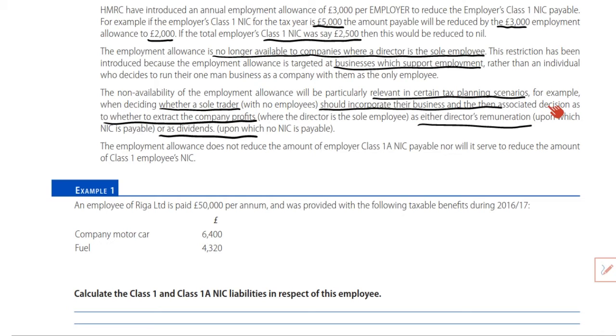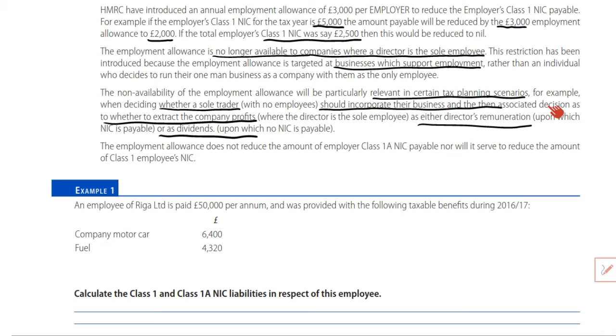What you could get is calculate the national insurance contributions payable by the employee. If it was payable by the employee, that would just be the Class 1 primary contributions. Do they just ask for the Class 1 contributions payable by the employer? Or do they ask for all of the NICs payable by the employer? That would include both Class 1 employers and Class 1A.